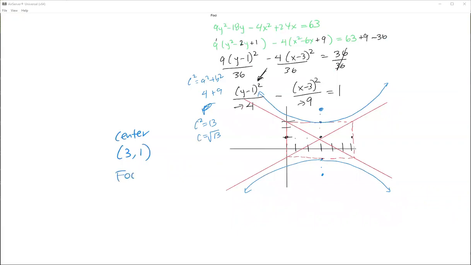Foci, you should have 2 focal points. You're adding 3.6 to the y values. So it will be 3 and 4.6 and 3 and negative 2.6.